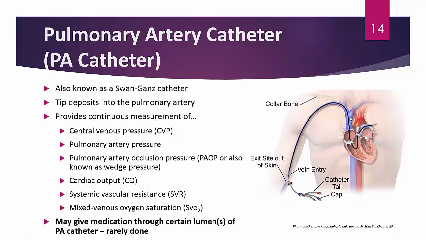However, medication is typically not given through lumens of the PA catheter. The PA catheter is typically used to monitor all these different parameters that you see here. So, in regards to which one you can give medication down, a CVC is always your best bet in terms of giving a medication whenever you're looking at your different catheters.